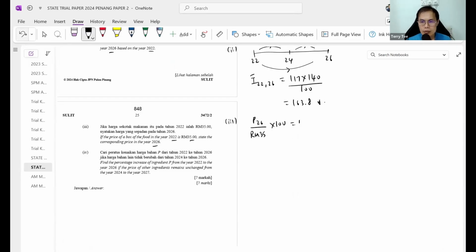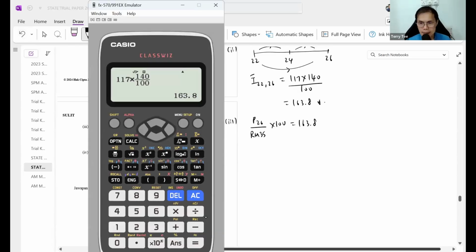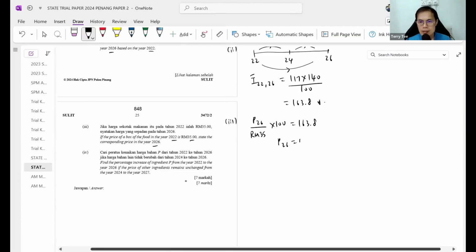But the overall increment must be 163.8. That means it has increased by 63.8%. So let's take 163.8 divide 100, multiply 35 ringgit. My answer is 57 ringgit 33 cents. Okay. All right.